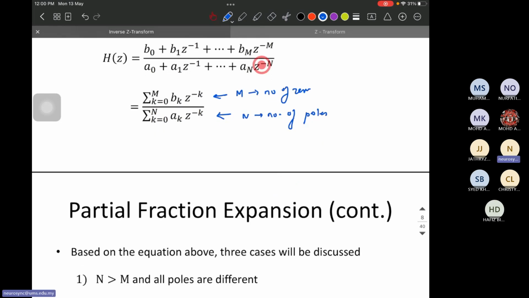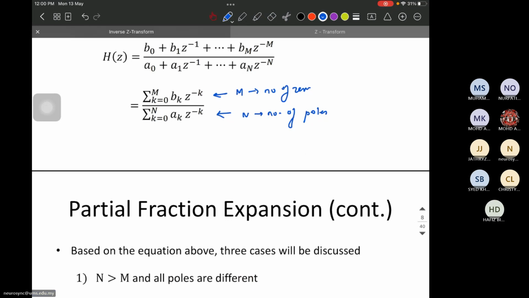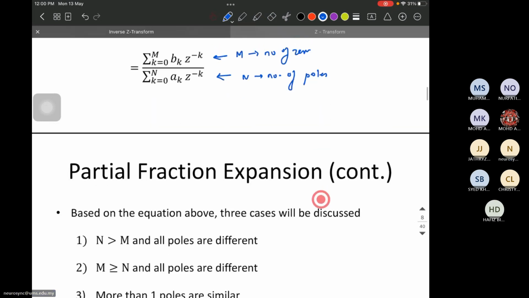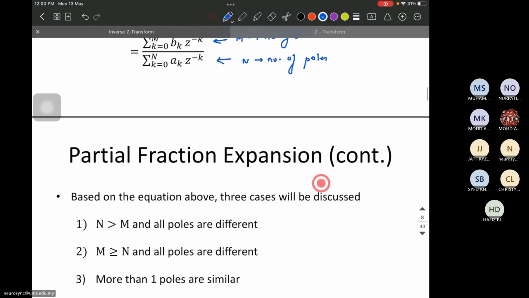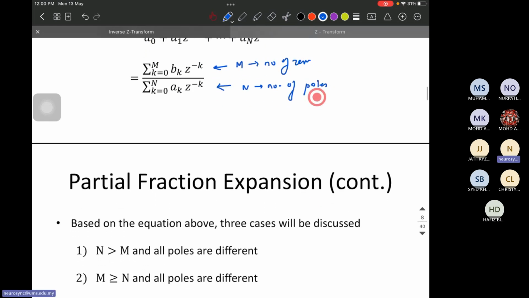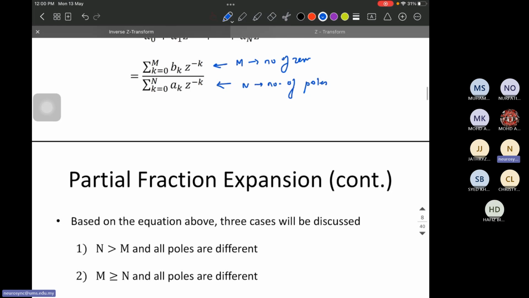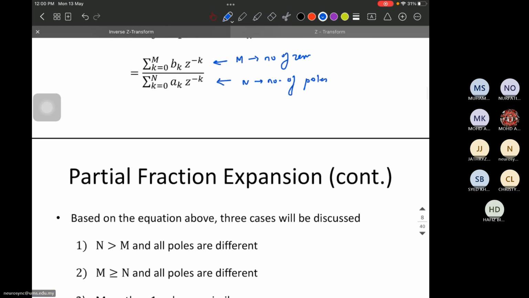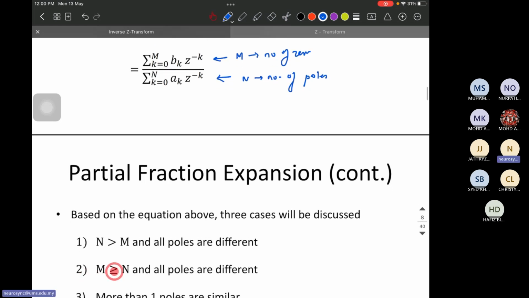The number of poles is greater than the number of zeros, and all poles are different. This is one case. Another case is where the number of zeros is more than the number of poles, or equal to the number of poles, where M is greater than or equal to capital N, and all poles are different.